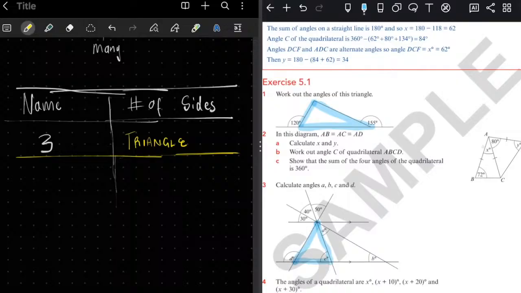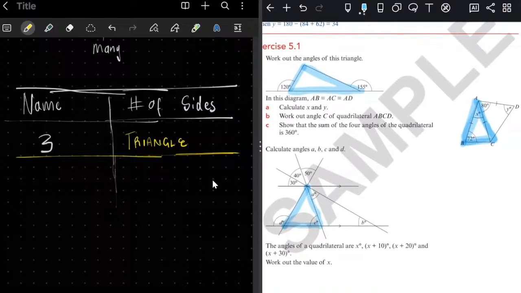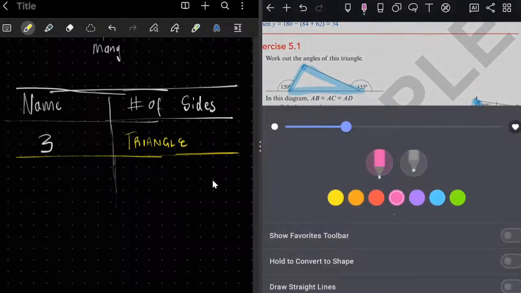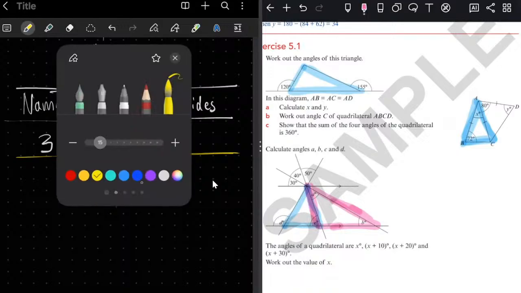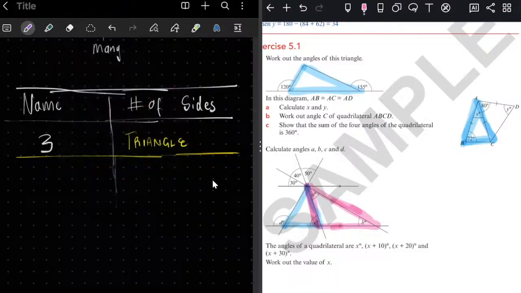It's a triangle because it has 3 sides. What about if I do it in pink? What name do you give to the shape I've put in pink? It's a triangle. Because it has how many sides? 3 sides. Is that part of the polygons? Yes. So a triangle is part of the polygons.